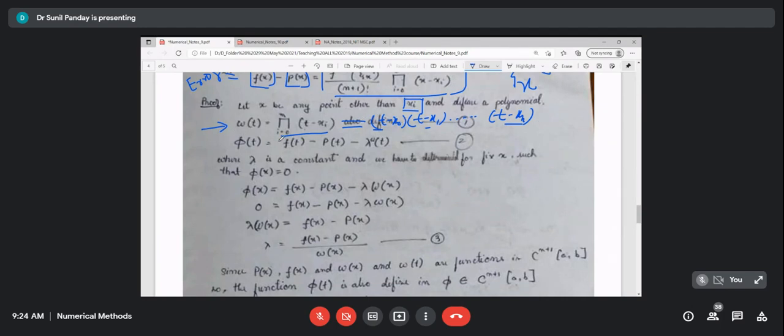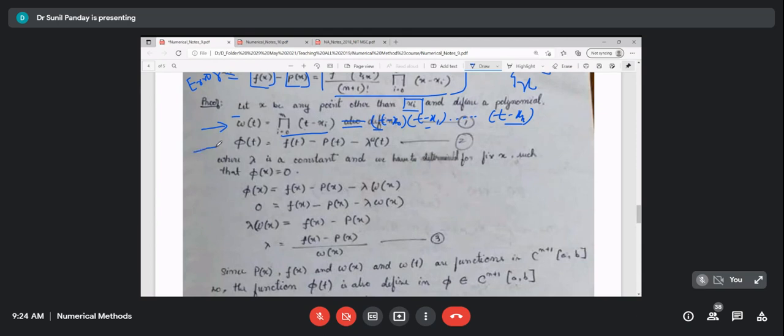So this is the way we have defined a polynomial W(t), and it is a polynomial of degree n plus 1, because there are n t's from x naught to xn, plus 1 more t.